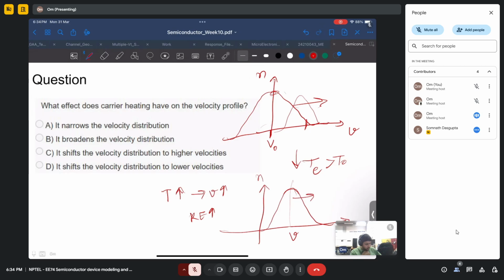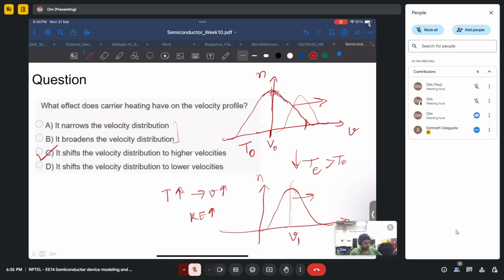Let's call it V1. It will not broaden or get narrowed down, because in the first case you still have some temperature T0. So yeah, option C is correct.